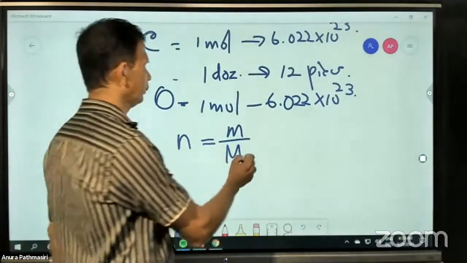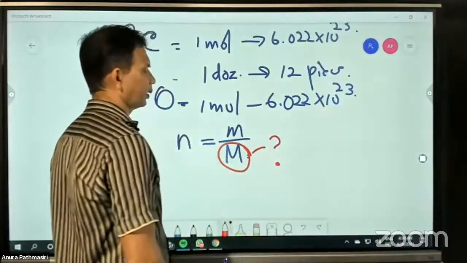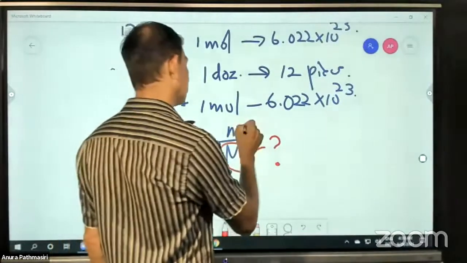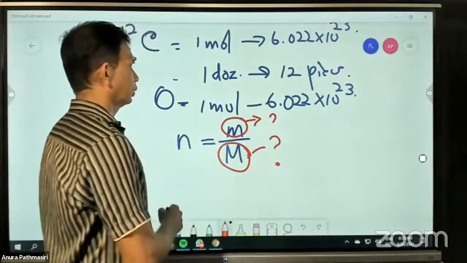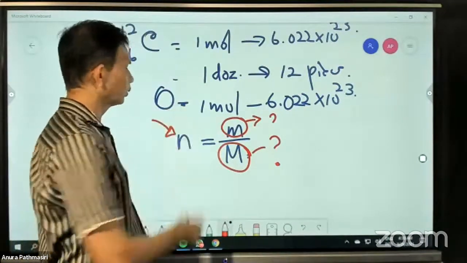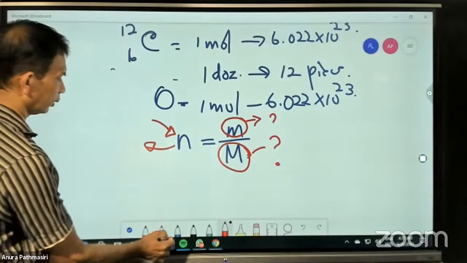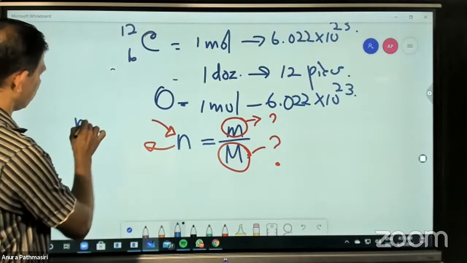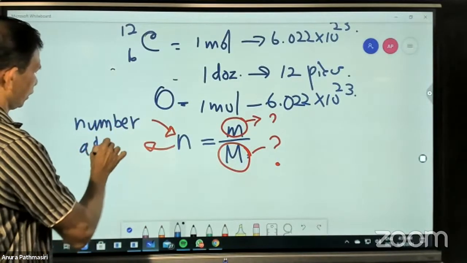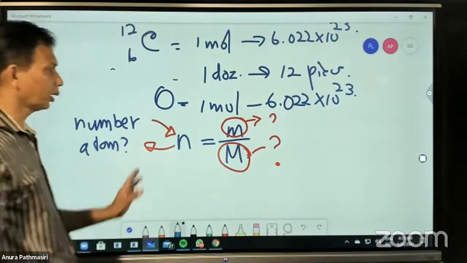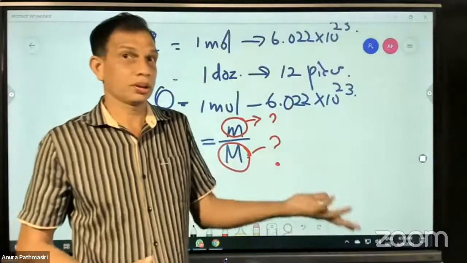What do you mean by molar mass? That's one problem. And what is the given mass? So what is the mole, and how are you going to connect it with the number of atoms available? So we know now, if you have 1 mole, 6.022 times 10 to the power 23 is available.